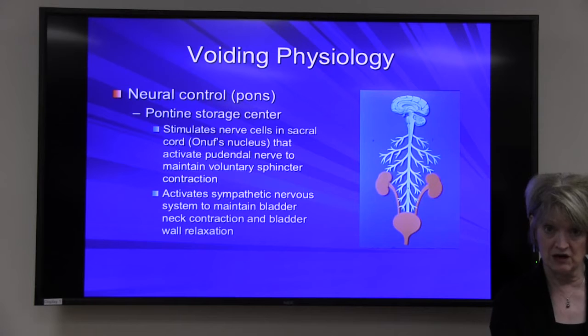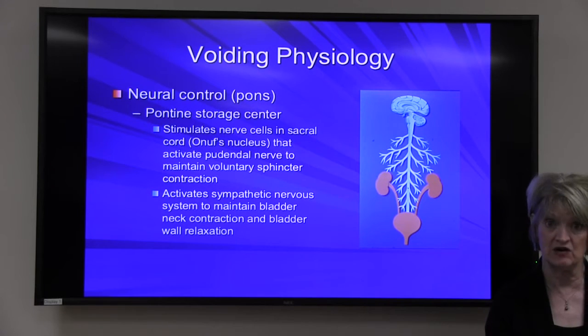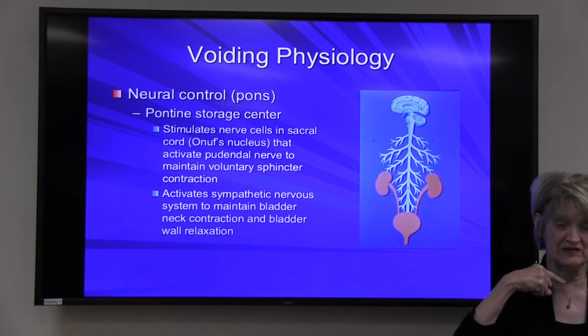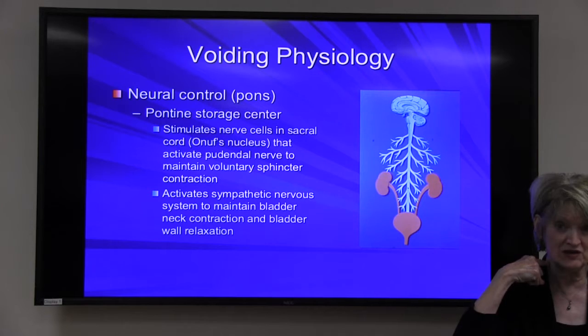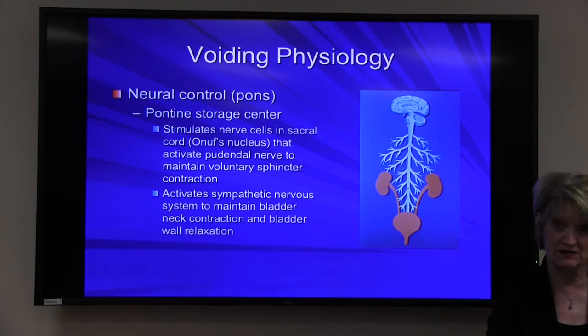When those nerve cells are stimulated, they in turn activate the pudendal nerve, which maintains closure of the voluntary striated sphincter mechanism. So when you're tightening up, how are you doing that? Through the cortex, activating the pontine storage center, activating a group of nerve cells in the sacral cord, activating the pudendal nerve, and you contract the sphincter.